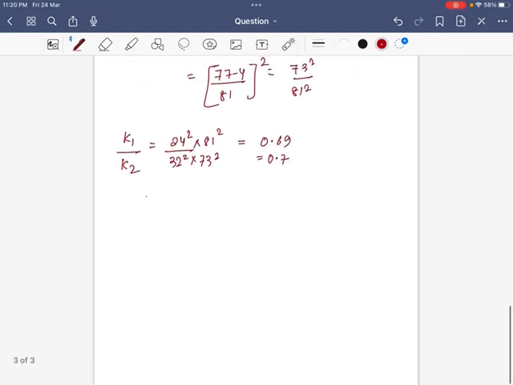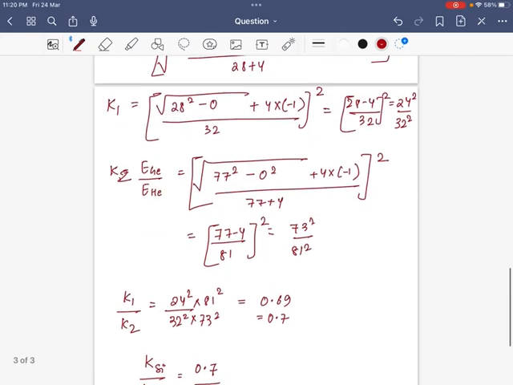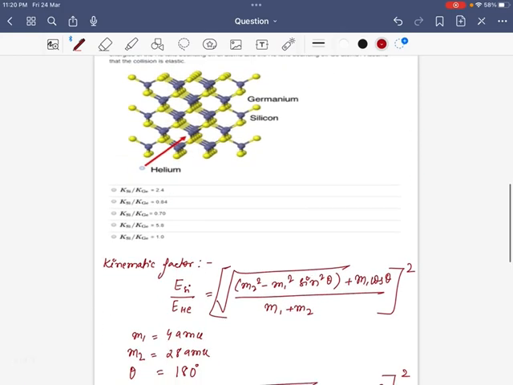So I can say silicon over germanium is equal to 0.7. So that means our third option is absolutely correct.